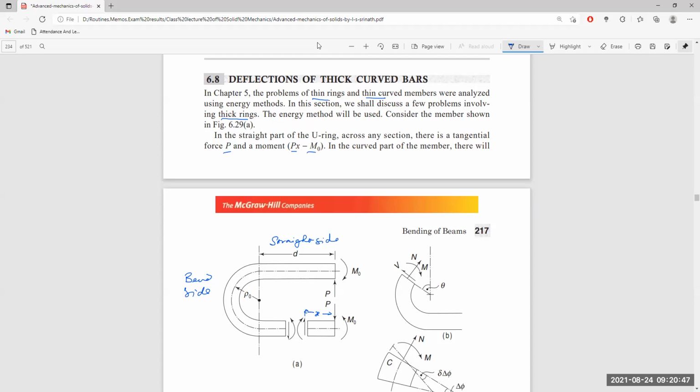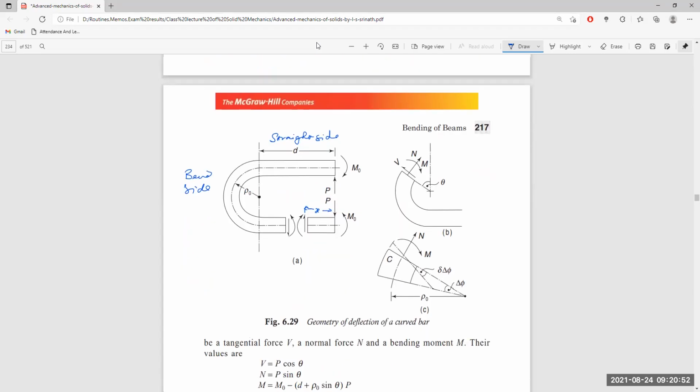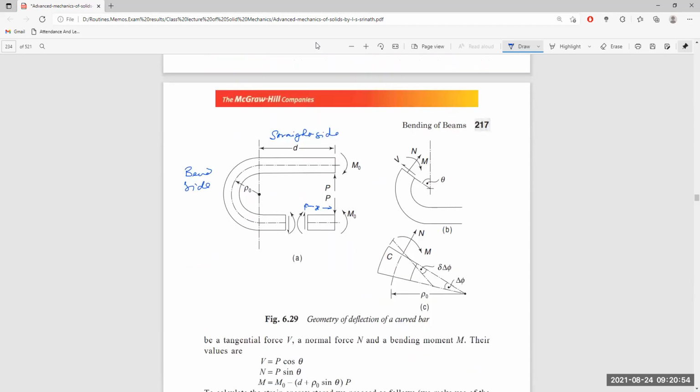In the curved part of the beam, meaning this portion shown here, there will be a tangential force. What will happen here if you take a section somewhere, say here? This is the section. This section is defined by an angle theta, which it makes with the vertical or y-axis, and the shear force, in order to make equilibrium, is acting in this particular direction.